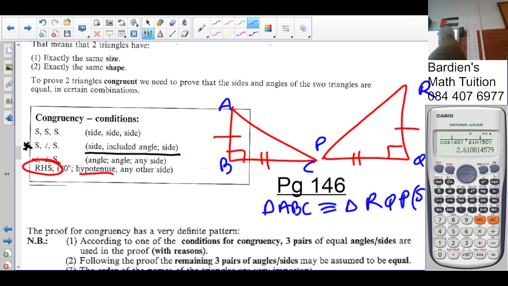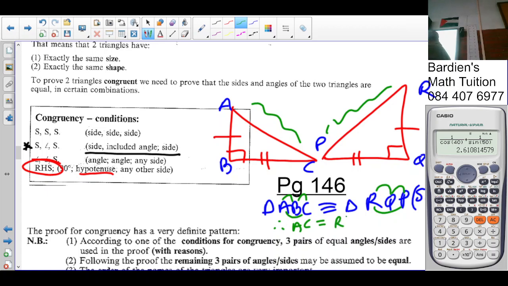So from here we know that AB is equal to RQ, but that we know already. Then BC is equal to QP, but that we also know already. And we can conclude that AC is equal to RP.